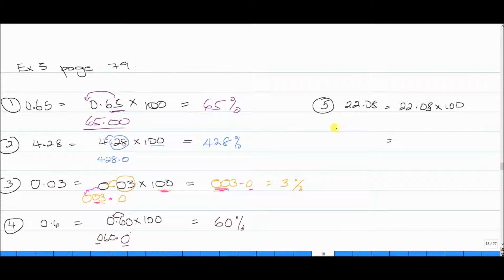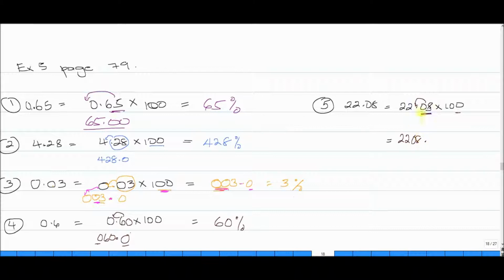For number 5, we have 22.08 being multiplied by 100. So we're going to take our 08 based on the fact that we have two digits here. So we're going to take the 08 and we're going to put it immediately left of the decimal point. Alright, so we're going to have our 22 in the same position, but now we're going to have 08 coming immediately after.